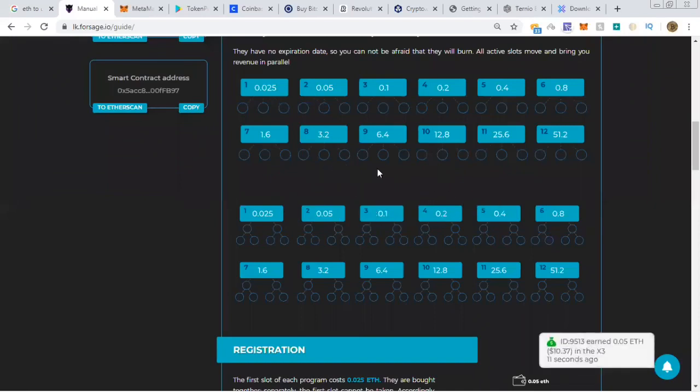You do need to purchase them in order chronologically. When you come in, you purchase both income stream 1 on X3 and on X4 at the same time. You can't jump over, for example, to income stream 5 without purchasing the income streams in between.